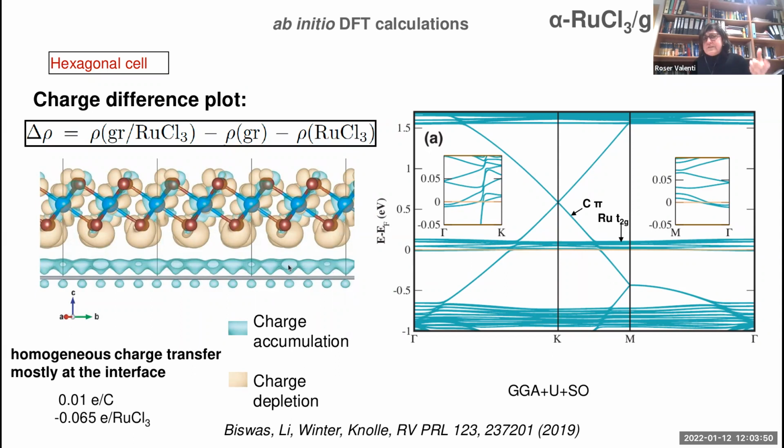So you have a charge transfer from the graphene, you hole-dope the graphene and you electron-dope alpha ruthenium trichloride. And basically what one observes is that you are building this type of electronic states.